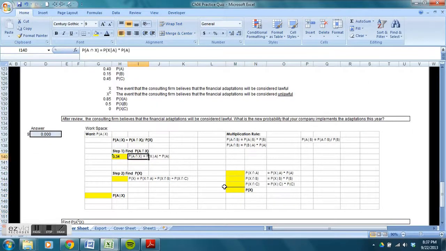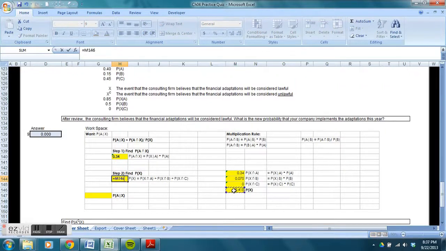In the problem, we're trying to find the probability of X intersect A. We know X given A, and we know the probability of A. So here we can solve for that intersect. The same is true for the rest of those intersects, and the probability of X will be the sum of all those together.